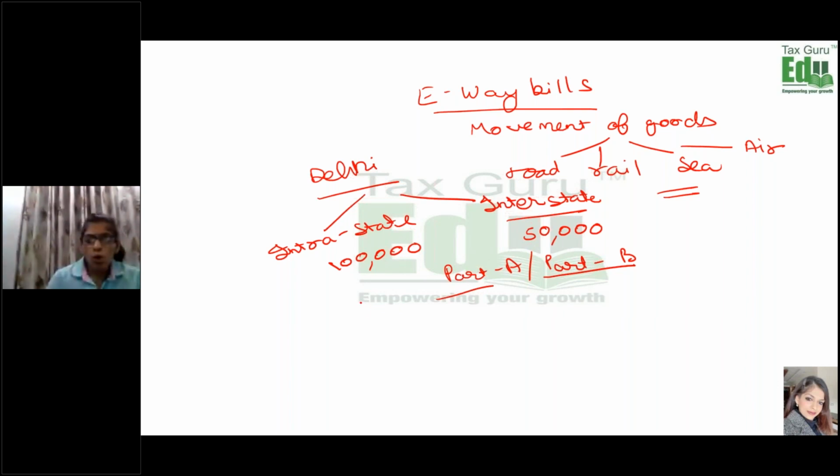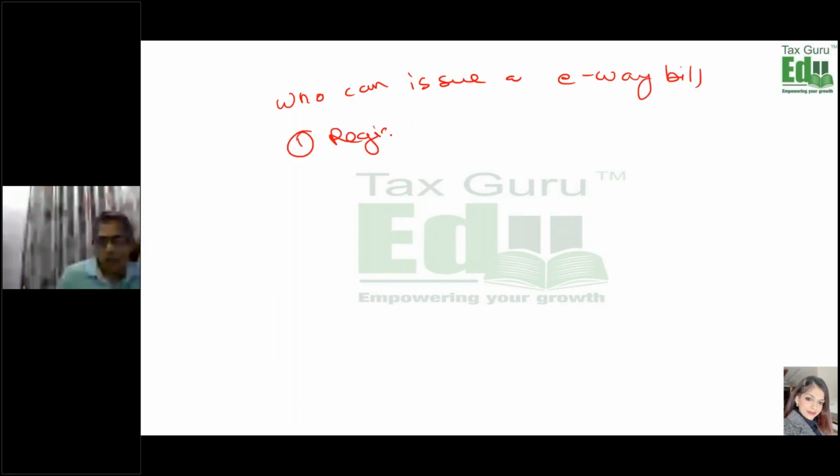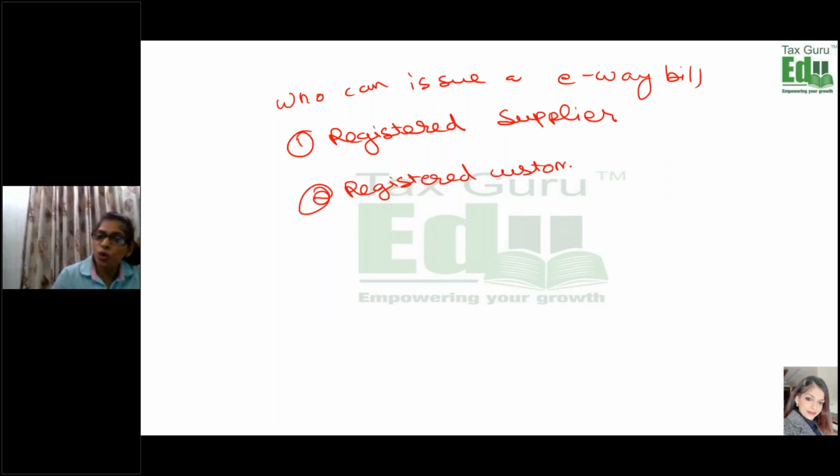Next thing is, who can issue an e-way bill? First, if I am a registered supplier, it's my duty to raise the e-way bill along with my tax invoice, delivery challan, bill of supply, whatever I am issuing. And let's suppose I am a registered customer, but I am purchasing from an unregistered supplier.